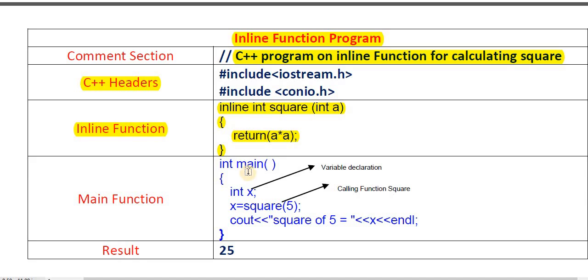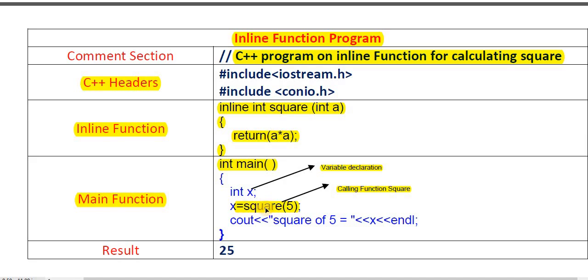Next is the main program. This is the main function of our program. Int x is a variable, and x is equal to square 5. Here we are using the square function; using a function is called calling the function. We are calling the square function. Before the main function, the square function is defined, because this is the rule: an inline function should be defined before using it.